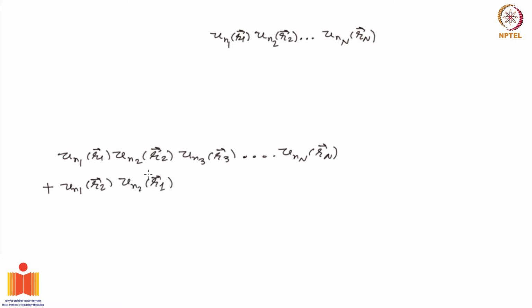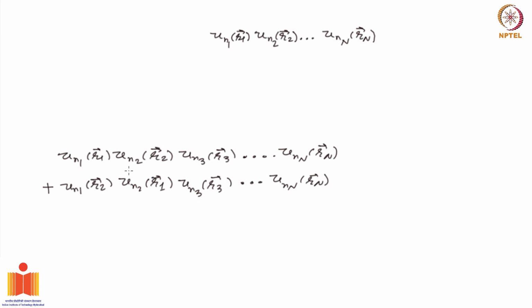I have interchanged r2 and r1, and these other factors I keep the same. If I do so, then I have arranged for a symmetry under the r1, r2 interchange, or particle number 1 and particle number 2 interchange.